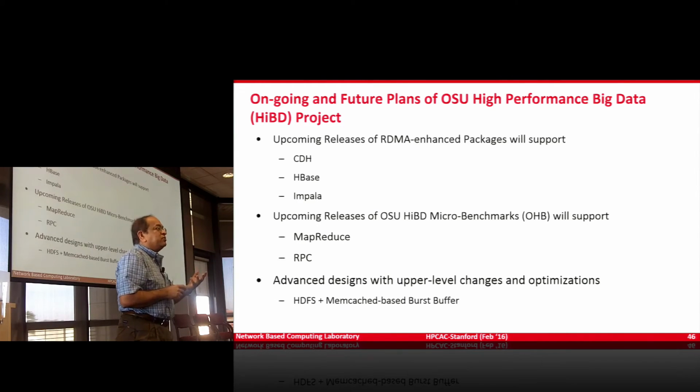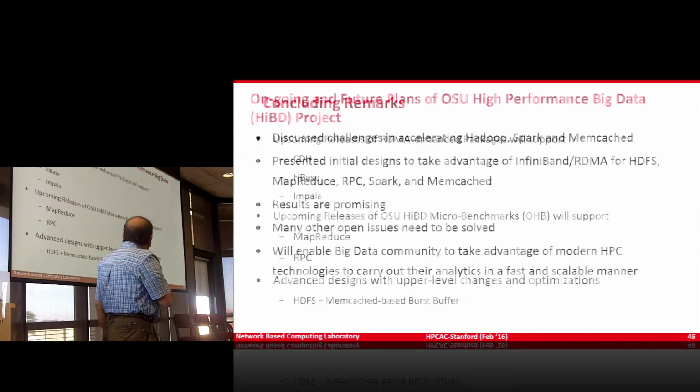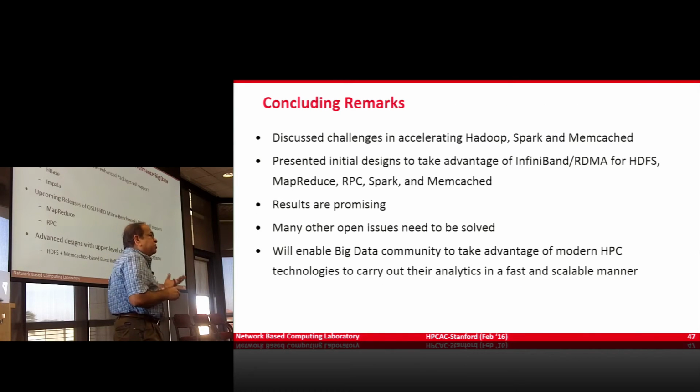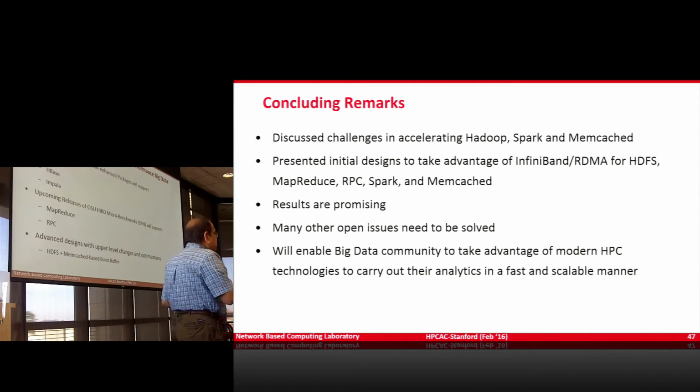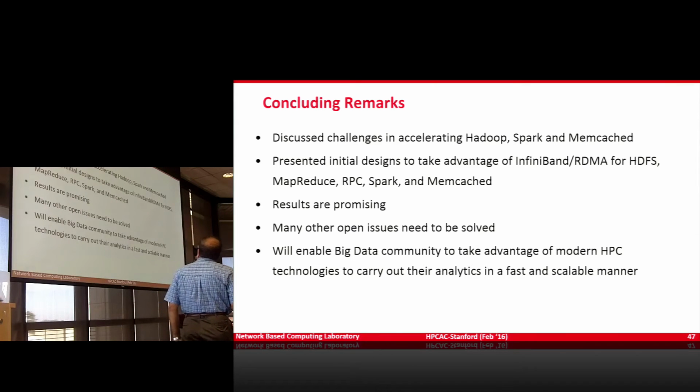A lot of people are asking for that. We are still tuning and optimizing it. Our Hadoop for Cloudera, then HBase, and we have also started looking at Impala. I also indicated the HiBD benchmarks, MapReduce and RPC, will be there. And we will also try to push the new HDFS, Memcached, burst buffer, and non-blocking designs.